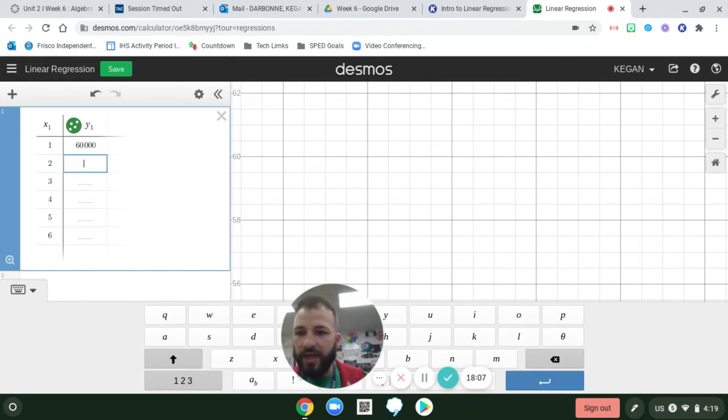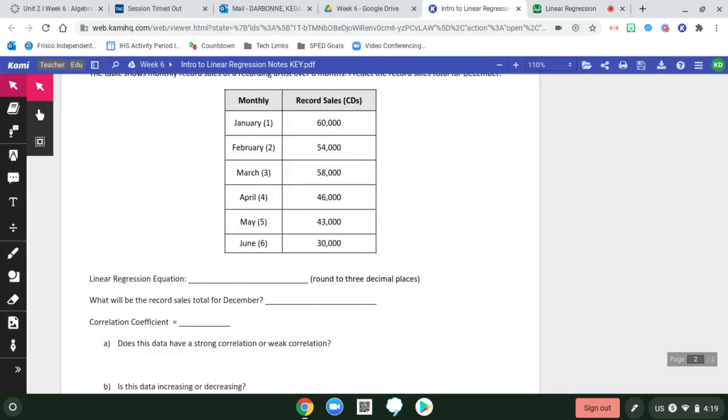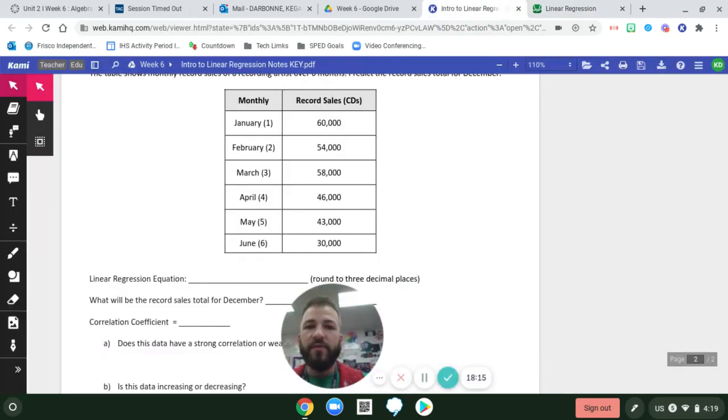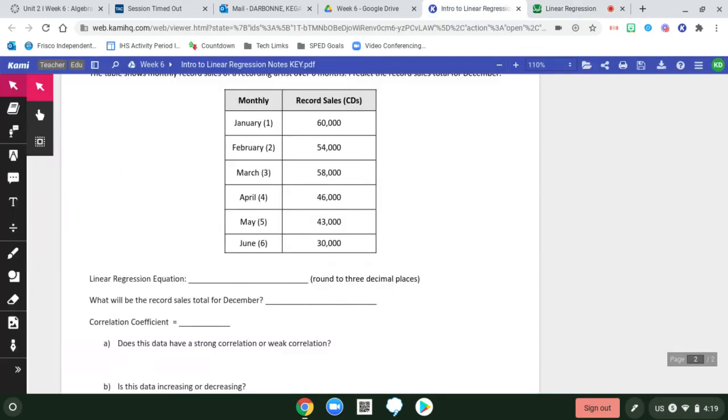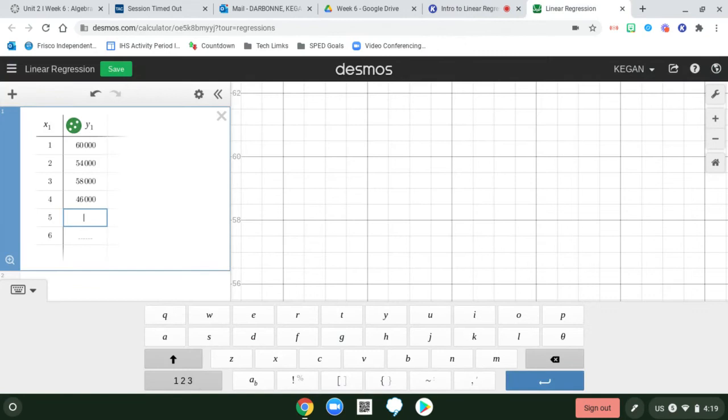Just make sure you get the right number of zeros, 54,000. Then 58,000, 46,000, and then 43,000 and 30,000.